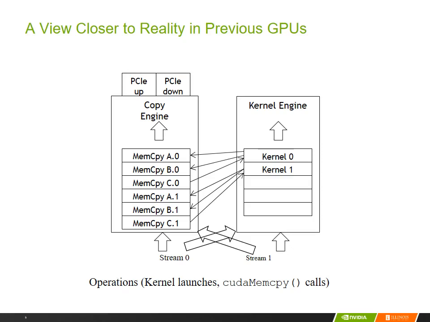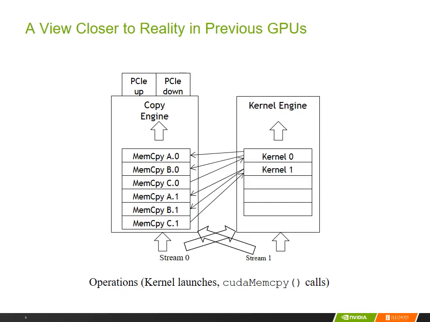What happens is that the queues actually get implemented as real physical queues in front of the copy engine and the kernel engine. So we see that there is a queue in front of the copy engine and a queue in front of the kernel engine, and tasks from streams 0 and 1 are entered into these queues.